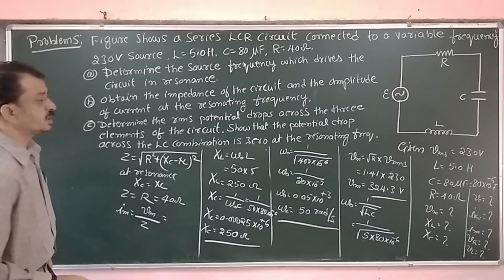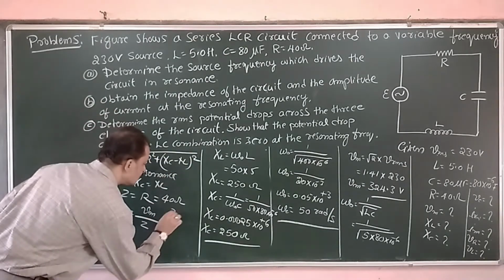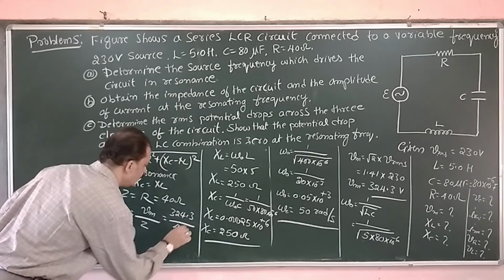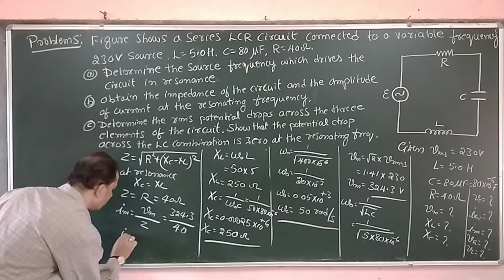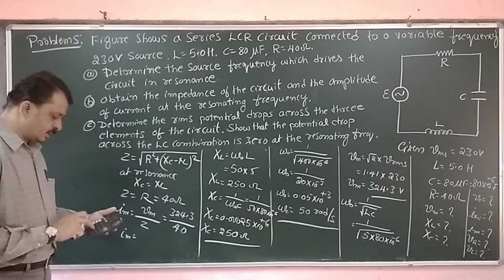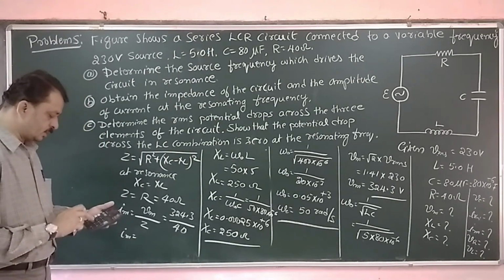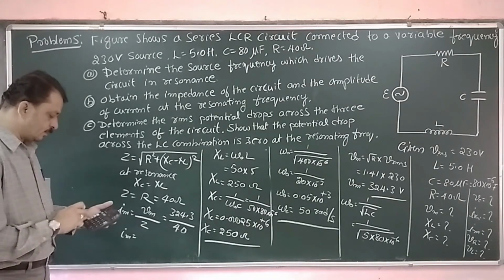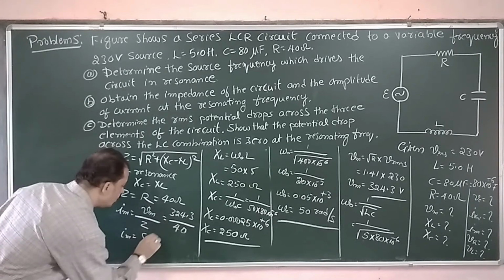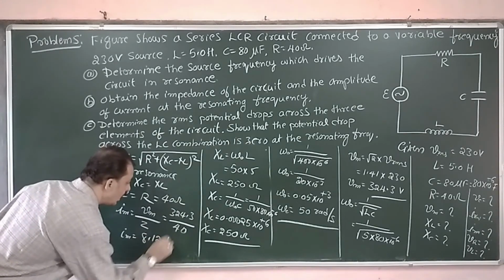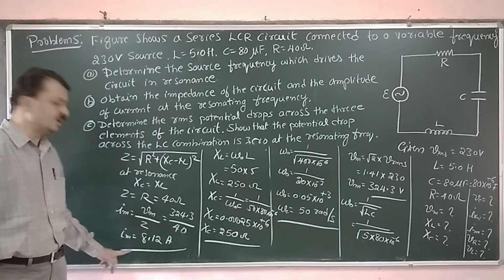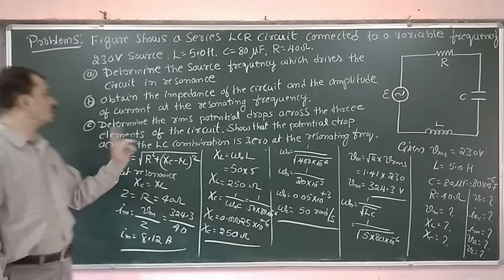Peak value of the voltage that we have calculated, 324.3 divided by 40. Therefore, the peak value of the current is 324.3 divided by 40, that is equal to 8.12 amps of current flowing. This is the peak value of the current which is flowing at resonance.